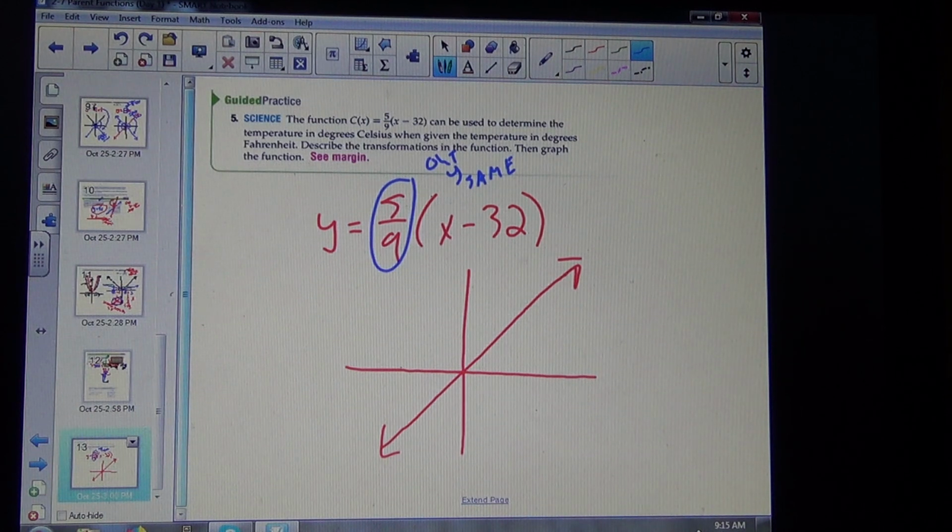Okay, so every y value is going to be multiplied by 5/9. So if you think about it, 1 is the y value here. 1 times 5/9. Is that going to get steeper or not? Less steep. And 5/9 is less than 1, so it's actually going to get less steep.